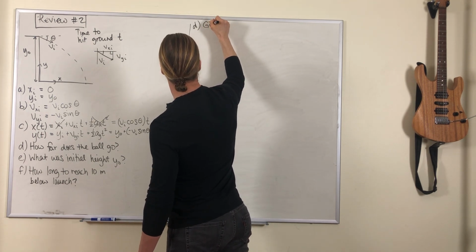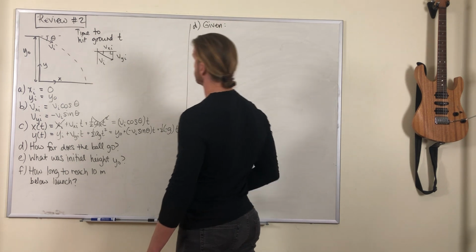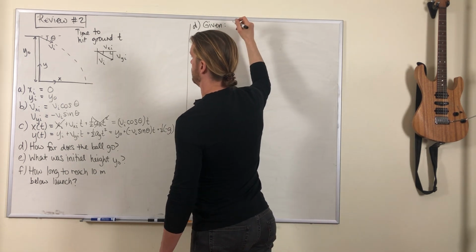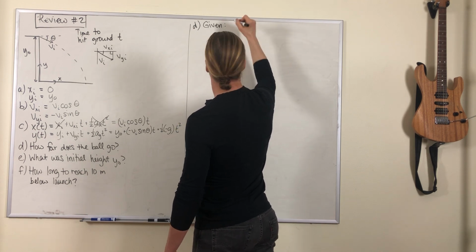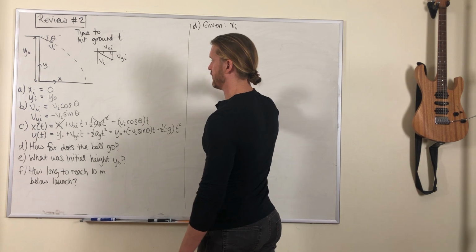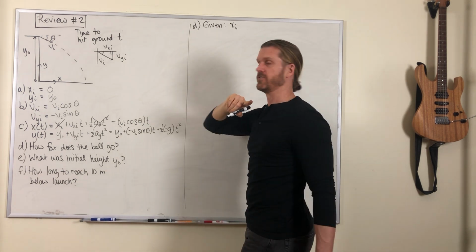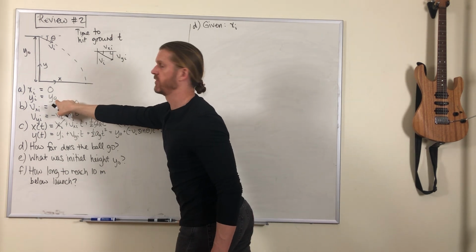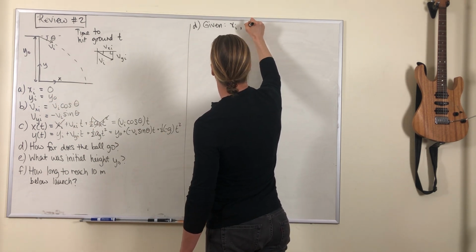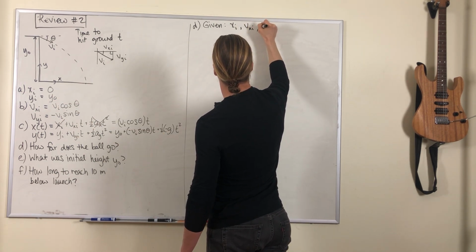We're given a whole bunch of stuff. We know x initial is 0. We don't know y initial. This quantity is unknown to us still. We know Vx initial.